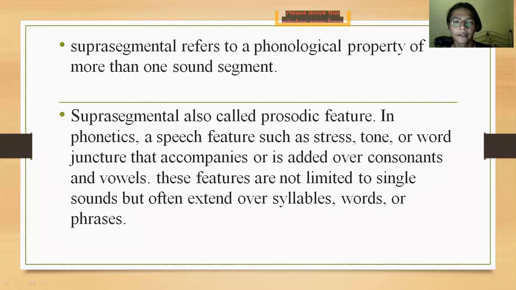The suprasegmental, also called prosodic feature, in phonetics, is a speech feature such as stress, tone, or word juncture that accompanies or is added over consonants and vowels. These features are not limited to single sounds, but often extend over syllables, words, or phrases.